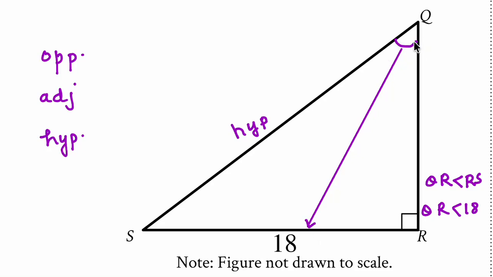Because here we're taking Q as the angle, opposite will be SR, which is 18, and adjacent will be QR. Now you may think adjacent is also hypotenuse, but no. In trigonometric ratios, when we say adjacent, that means it's one of the two legs of the right triangle other than the hypotenuse. So QR is adjacent and SR is opposite.